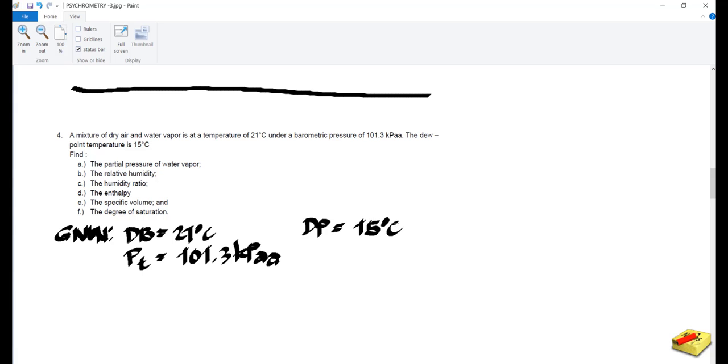Okay. So let's look first at A, which is what will be the partial pressure of water vapor. So partial pressure of water vapor can be determined by using the steam table.